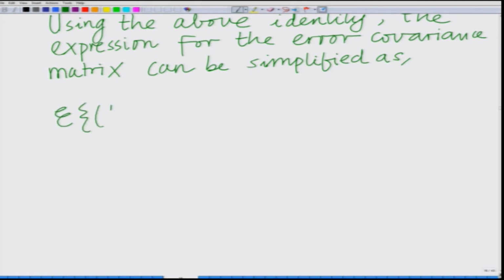I have the expected value of (h hat minus h bar)(h hat minus h bar) transpose.